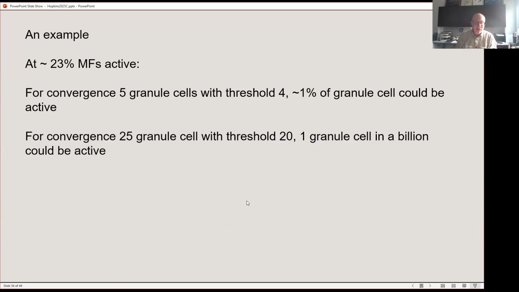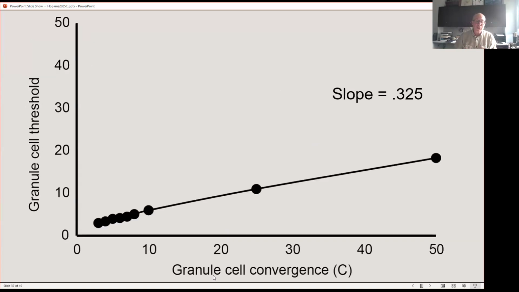So the idea here is that threshold grows slowly. This is taken from those curves: we pick some fixed amount of mossy fiber activity, and we're shooting for a fixed amount of granule activity. This is the threshold you would need to produce that. You can see that as convergence grows, threshold grows very slowly, with a slope under 1/3.